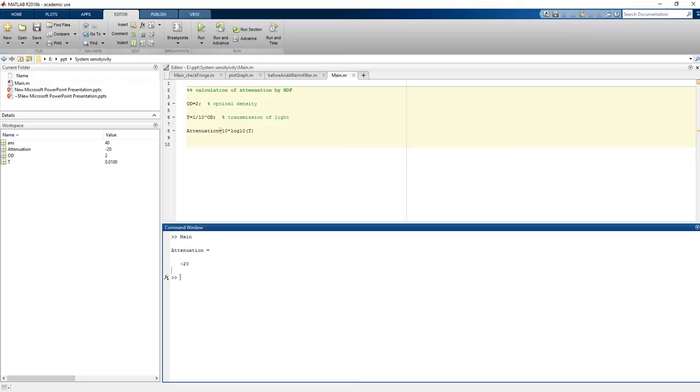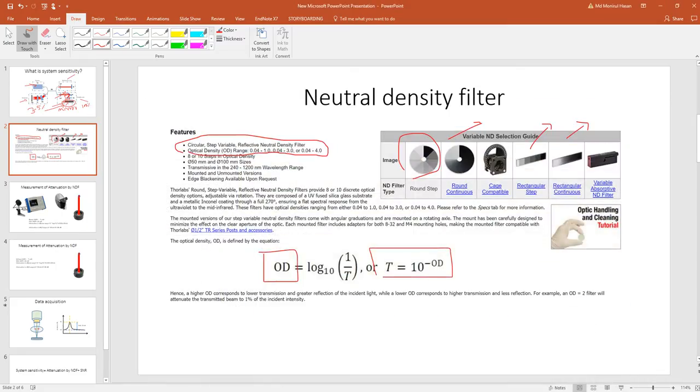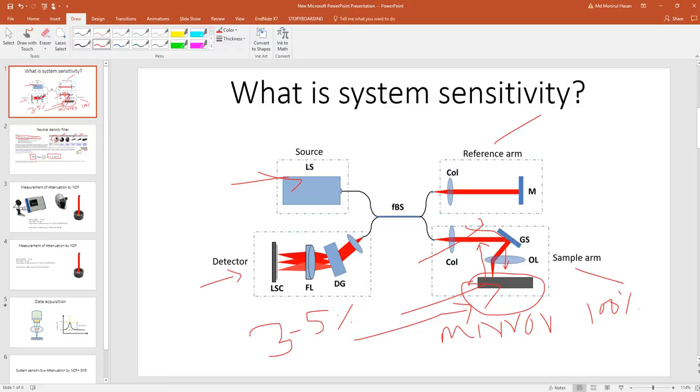If you use the maximum position, that is the maximum attenuation of optical density filter 2, then the attenuation will be minus 20 dB. One thing to mention is that in an OCT system we are sending light one way, and then it's reflecting back the other way.